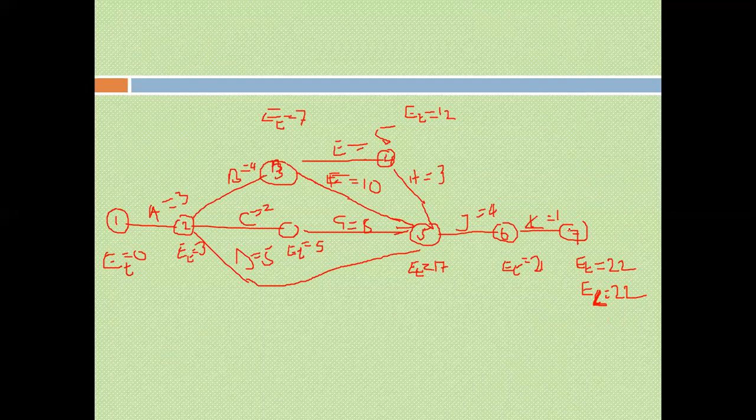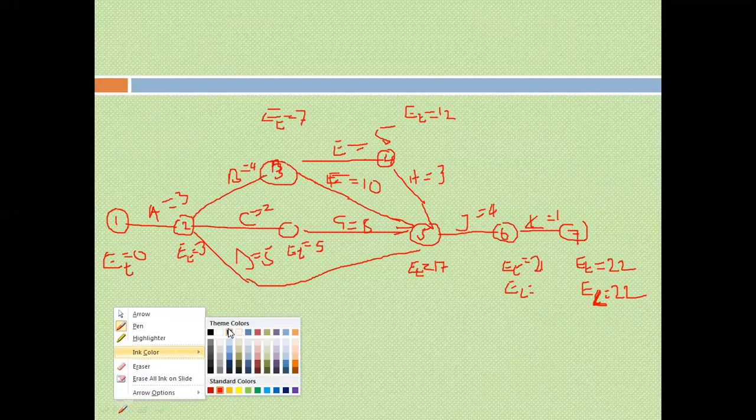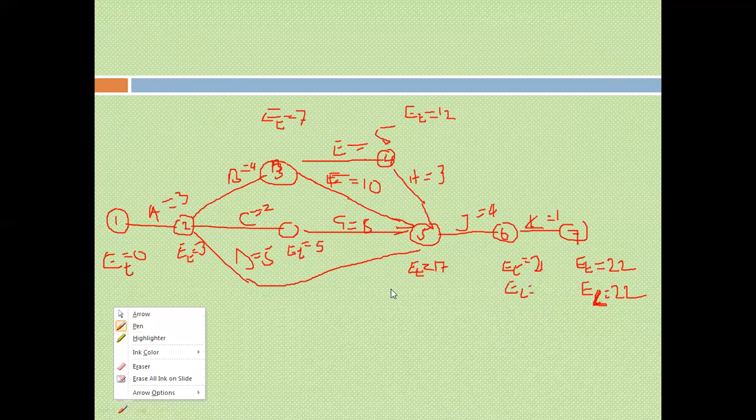Going forward was adding; you subtract, you get EL here. Our EL here is 22 minus 1, which is 21.